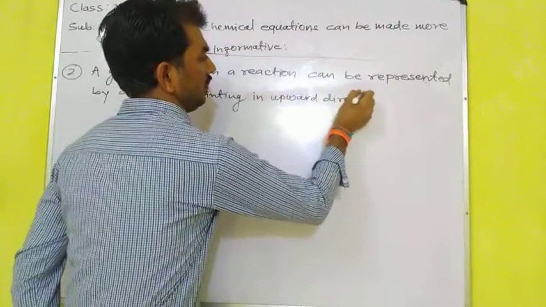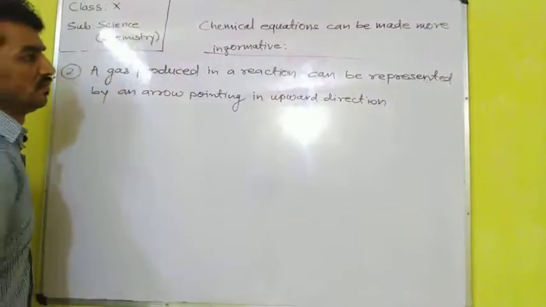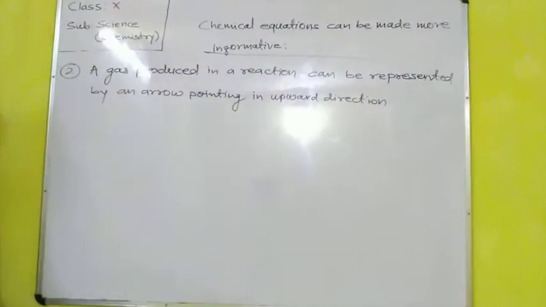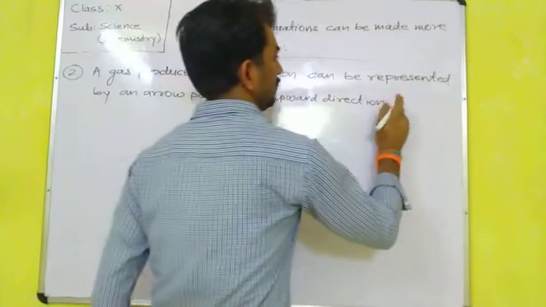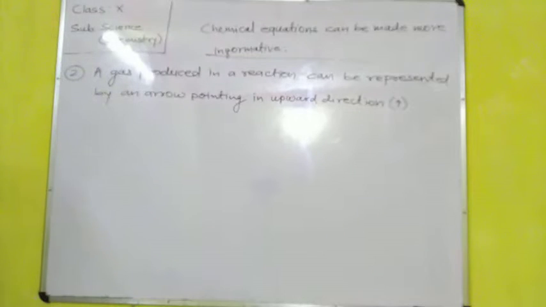If any gas is produced after the reaction, we have to put an arrow in the upward direction, just the arrow we have to put.